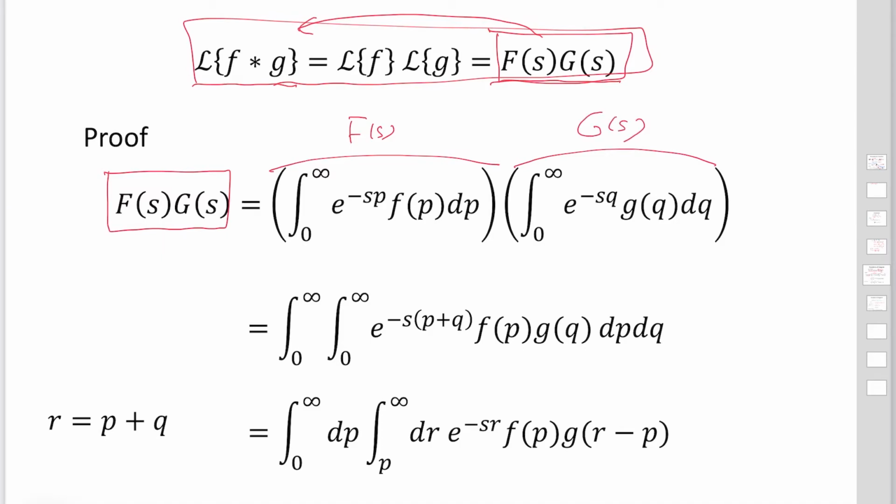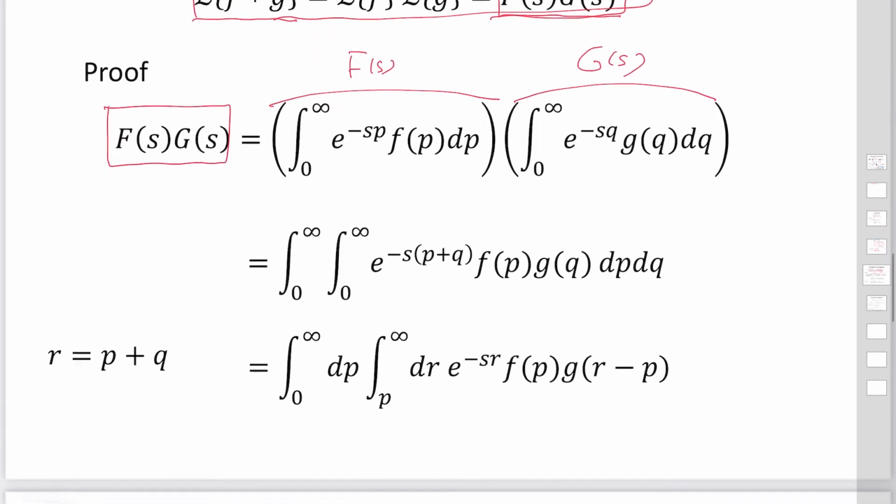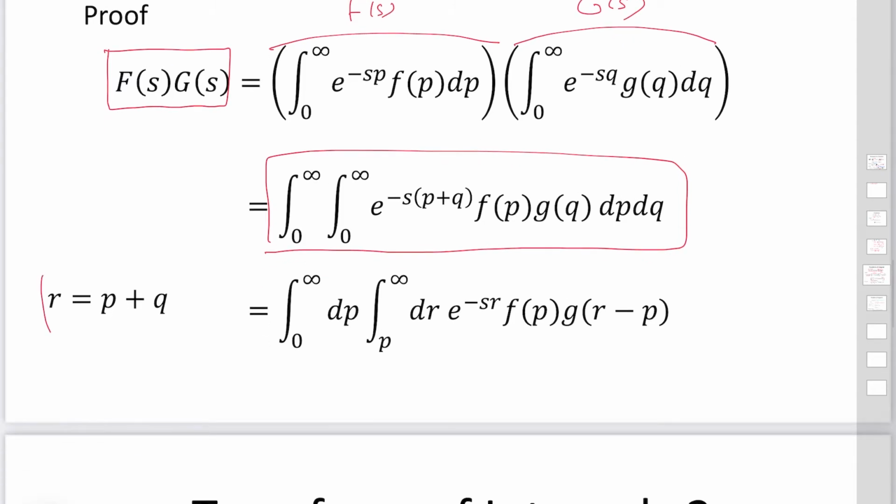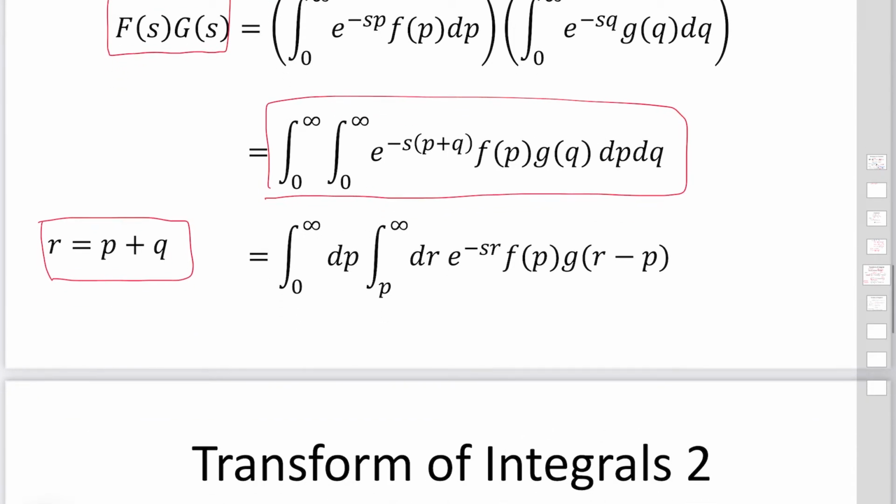Using the definition of a Laplace transform, then we combine these two integrals into the double integral as a function of p and q. Then we'd like to change a variable from q to r using these equations. r equals p plus q. Then this part becomes r.